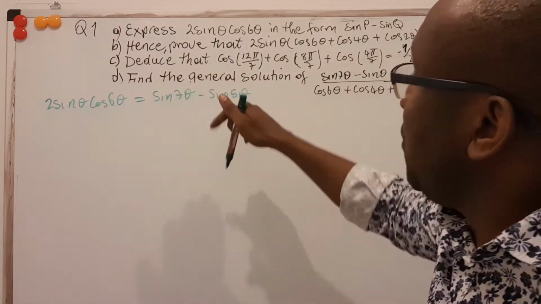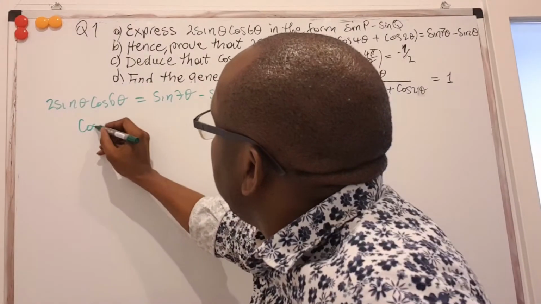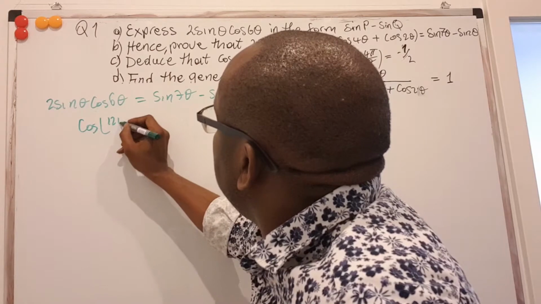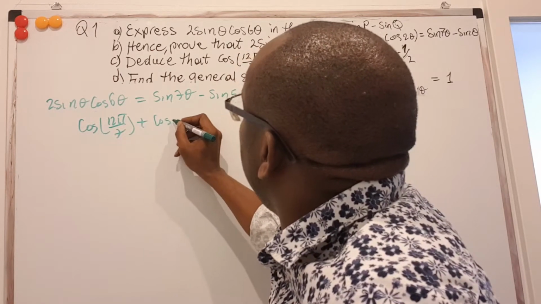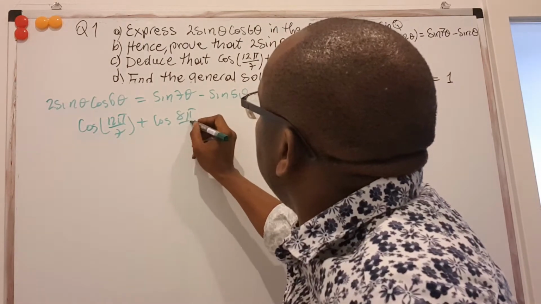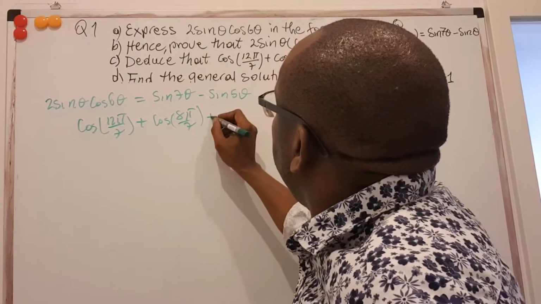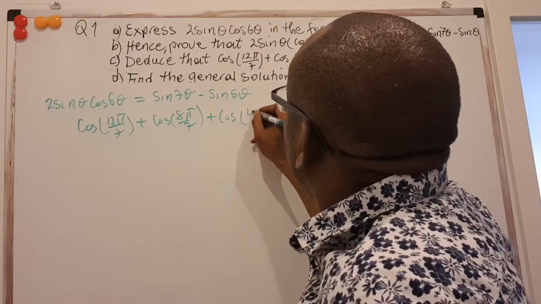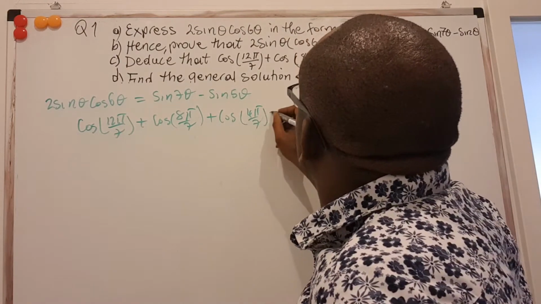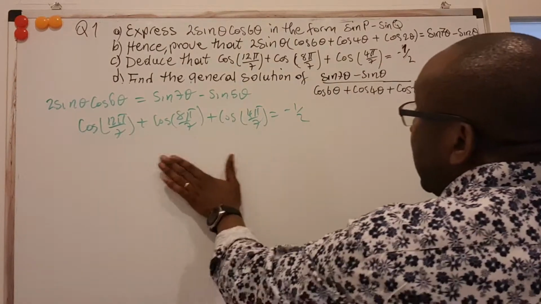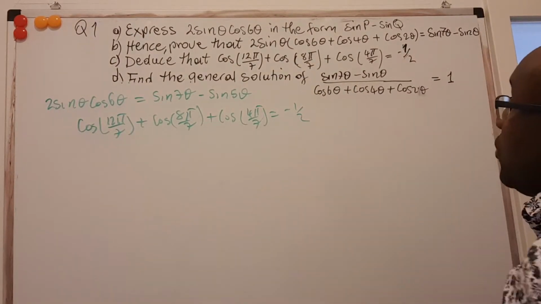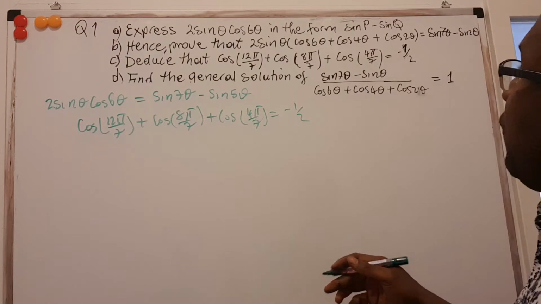So we are asked now to deduce that the cosine of 12 theta over 7 plus the cosine of 8 theta over 7 plus the cosine of 4 theta over 7 is equal to minus half. Once again, we will concentrate on our left hand side and show that it's equal to minus half. But we have to deduce.